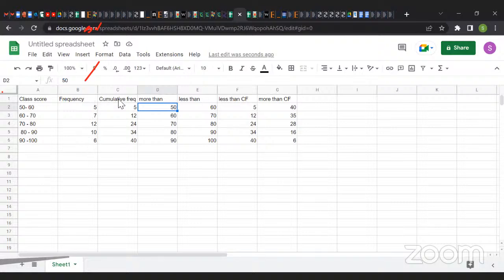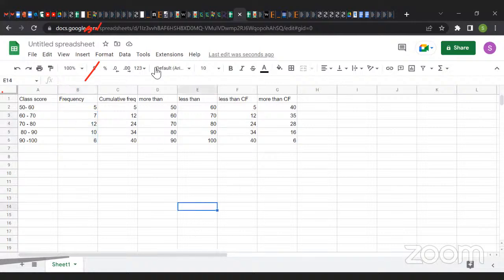The total is 40. Who got more than 60 will be all those together. So we add all this together because they got more than 60. So it will be all of them minus 5, and so on.